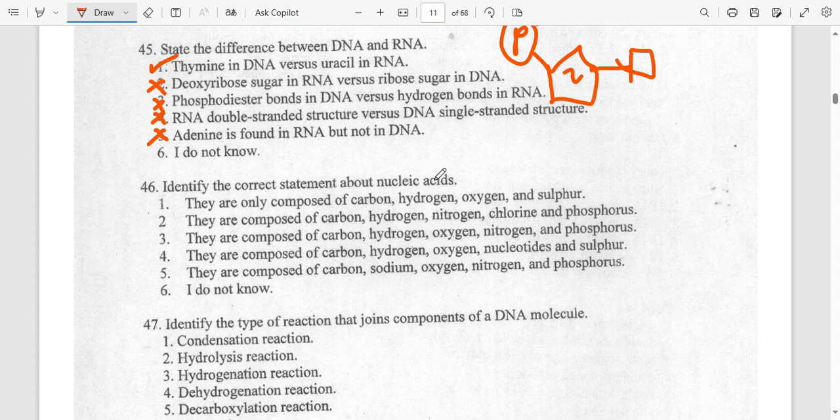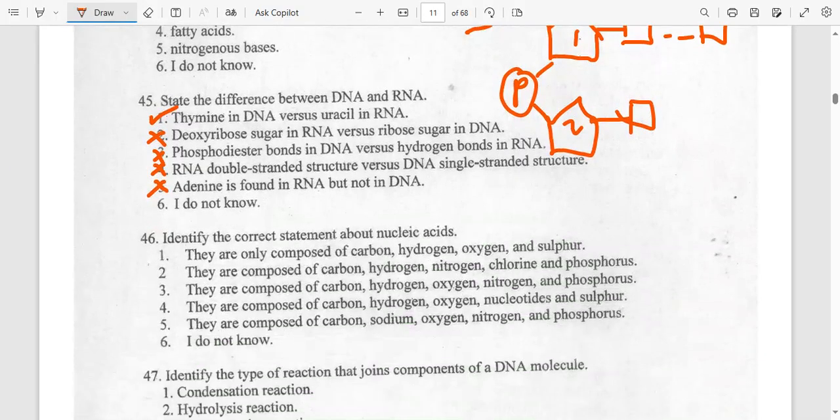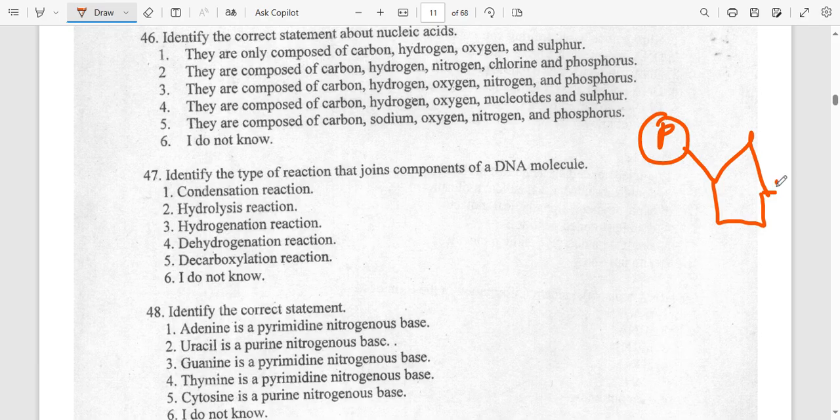Identify the correct statement about nucleic acids. They are only composed of carbon, hydrogen, oxygen, and sulfur. What's the question? Identify the correct one. Okay. So nucleic acids are made up of a phosphate, then a pentose sugar, and a nitrogenous base.